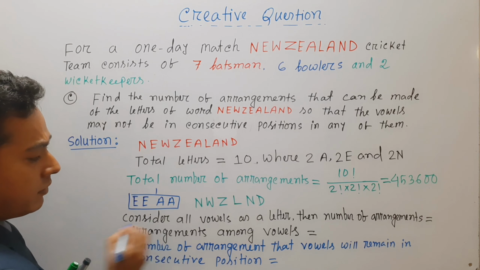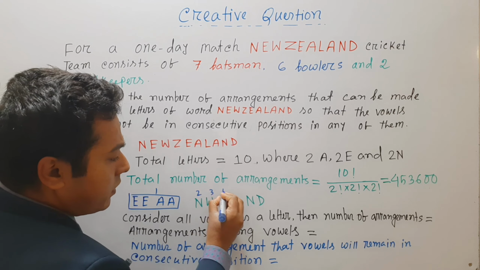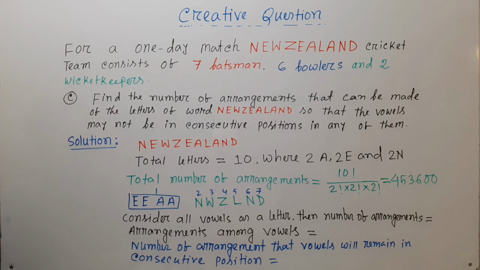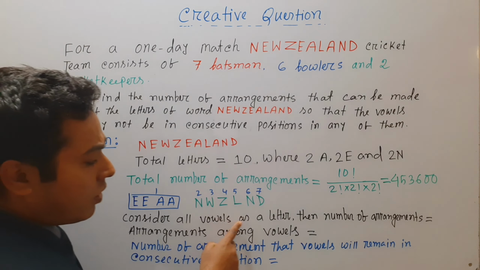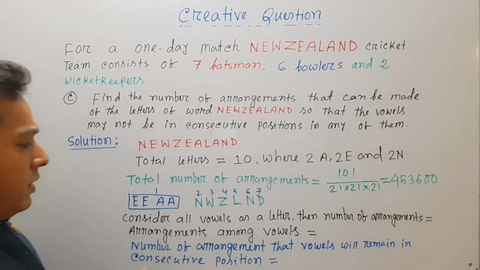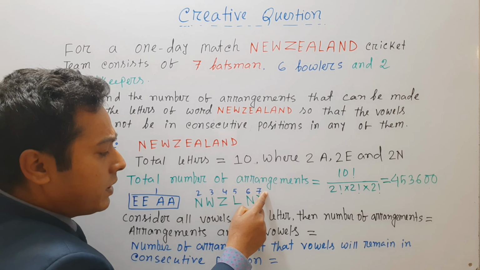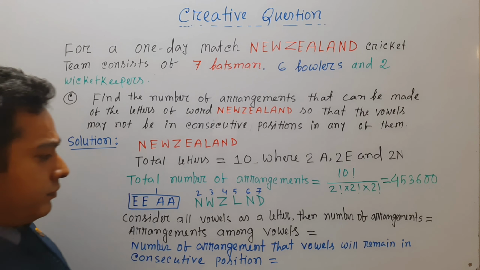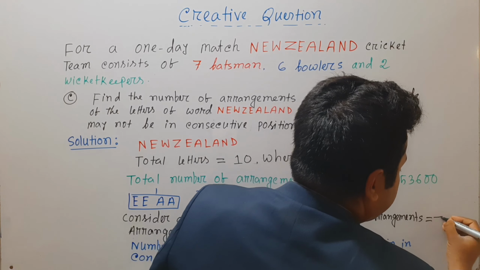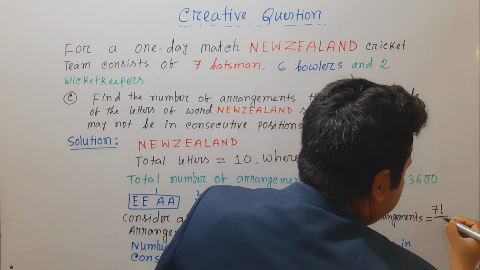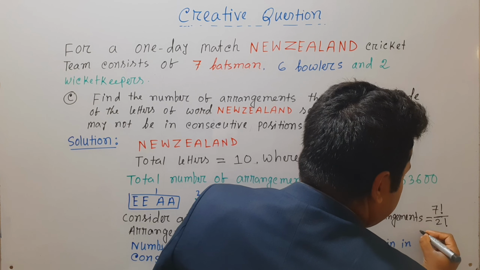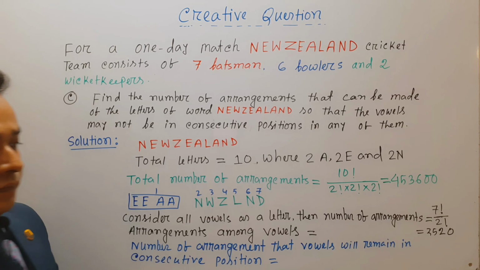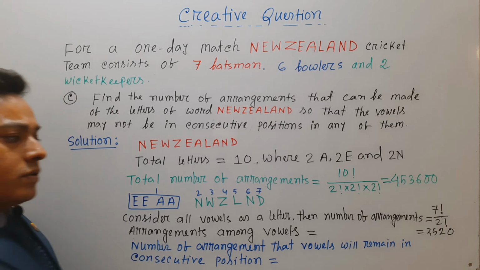So 1 letter, 2, 3, 4, 5, 6, 7. If we consider all vowels as a letter, then the total letters is 7 and 2 are N. So the number of arrangements will be factorial 7 divided by factorial 2. This is equal to 2520.